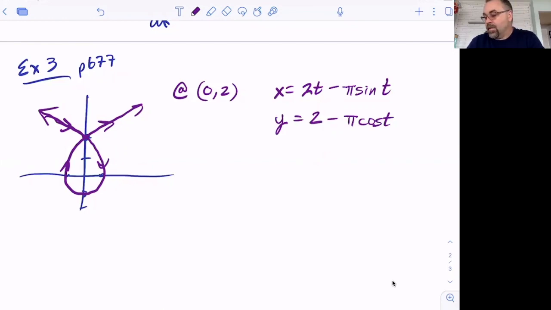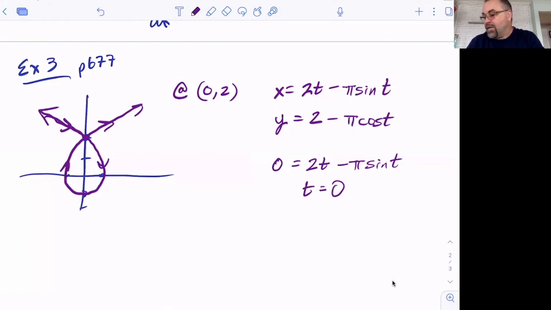Let's think about this for a second. When is x going to be 0? 2t minus pi sine t, right? Well, that's when both these are going to be either 0 or equal to each other. Could be t equals 0.